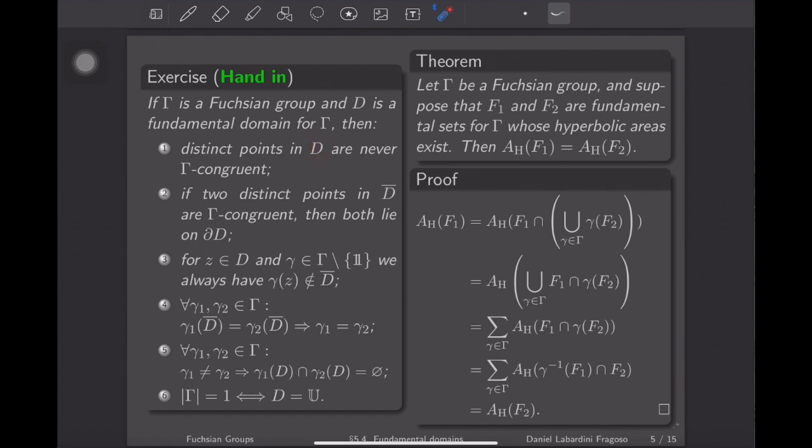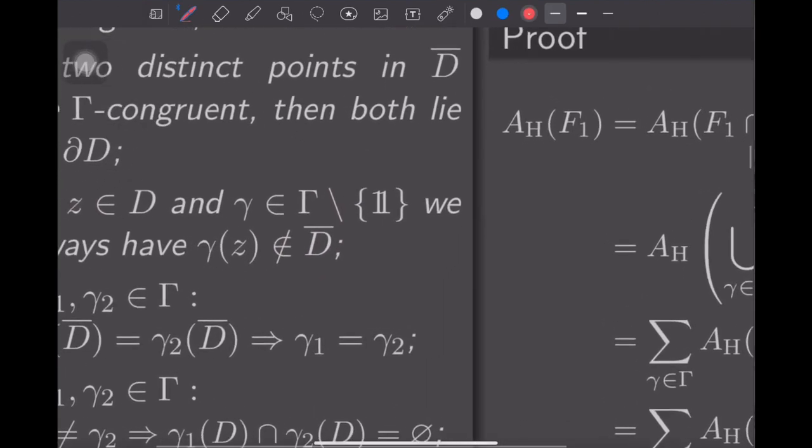And then, three: if you give me a point in D and a non-identity element, then this actually takes it completely out. So gamma takes the point in D completely out, not only of D, that we already know, because otherwise they would be in the same gamma orbit, but actually out from the topological closure. And this is actually not so hard. So let me show you what happens.